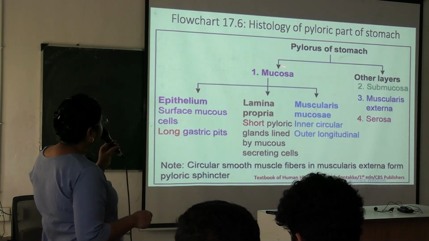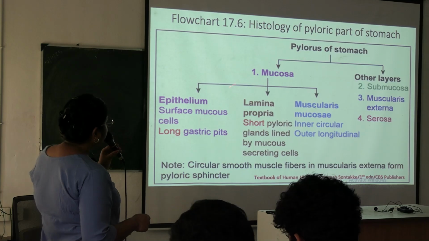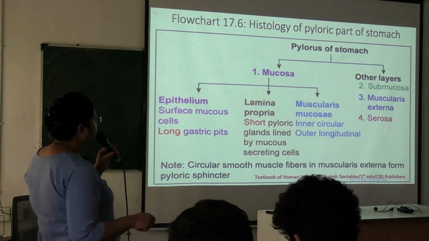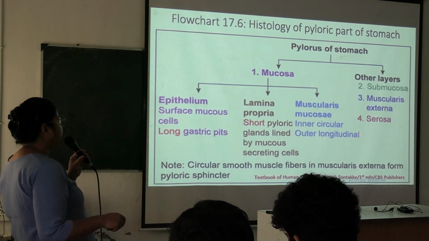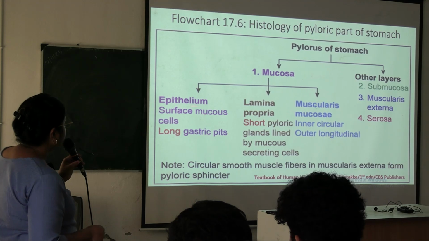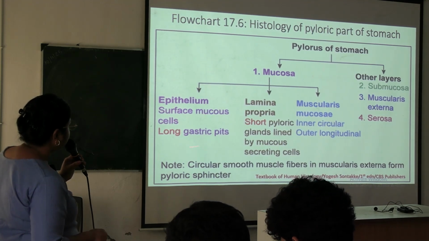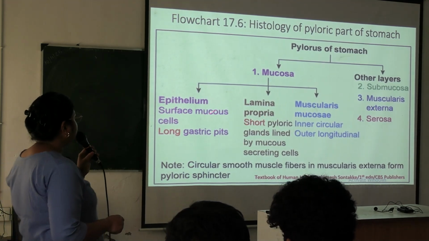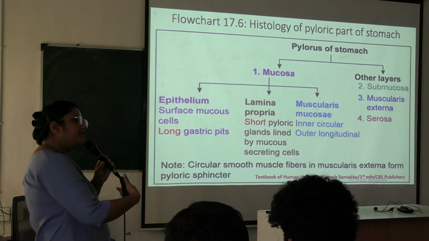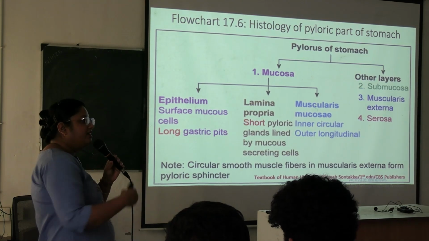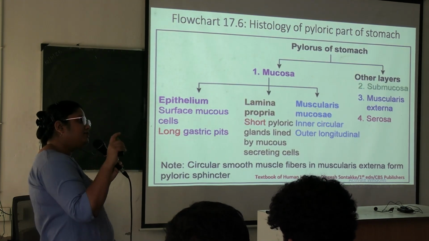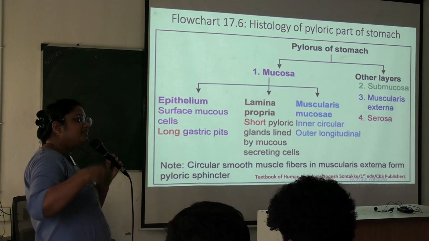So this is the summarization of the pylorus of the stomach. Mucosa has 3 layers, and the other layers are the same: submucosa, muscularis externa, serosa. The epithelium is lined by surface mucous cells and long gastric pits. The gastric pits are long here and the glands are shorter, whereas for the fundus and body the gastric pits are shorter but the glands are longer.